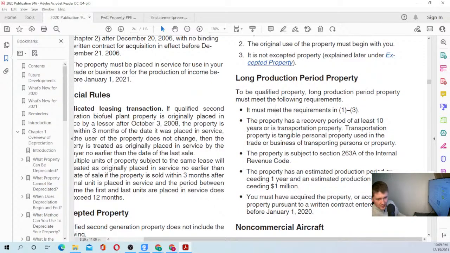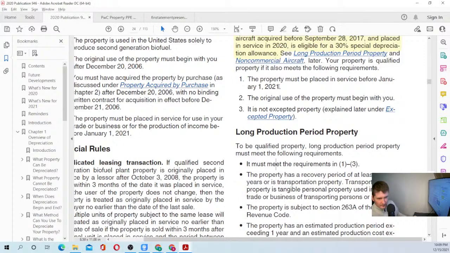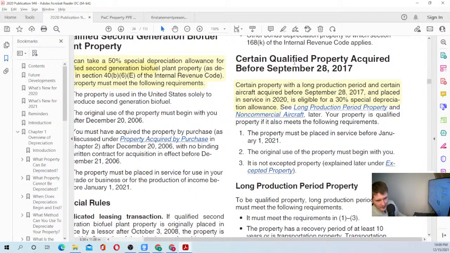So it must be placed in service before January 1, 2021. The original use of the property must begin with you. So it should be like a new property, not used. It is not acquired property.